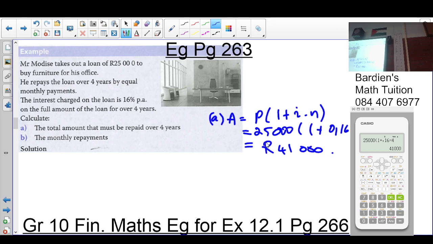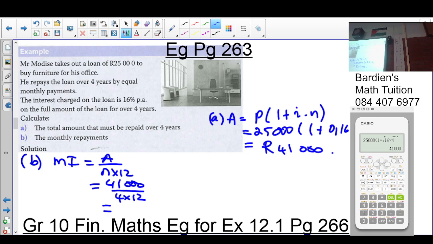Now the question says, calculate the monthly repayments. So how do you work out the monthly installment? It's going to be your A over n times 12. So what's your A amount? You find the amount, 41,000 that needs to be paid back over n. How many years is this for? 4 years times 12, which is 48.